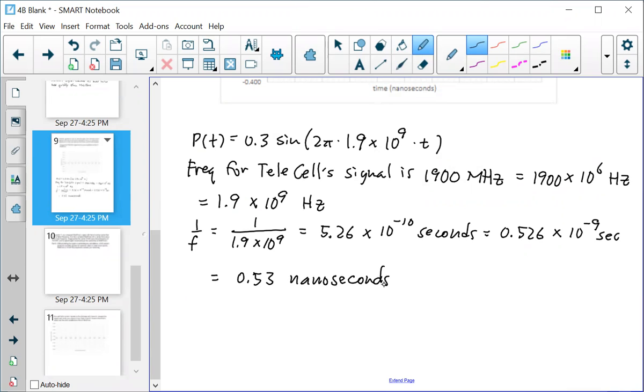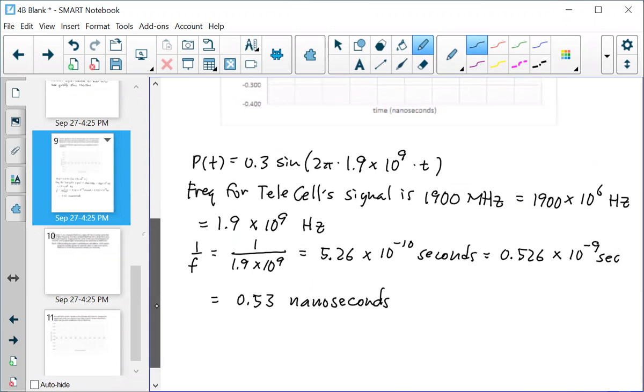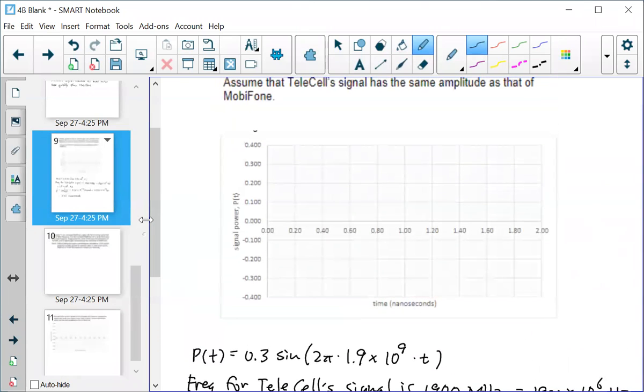All right, so let's go back to the graph. I'm going to recreate that first graph that we drew a few minutes ago.